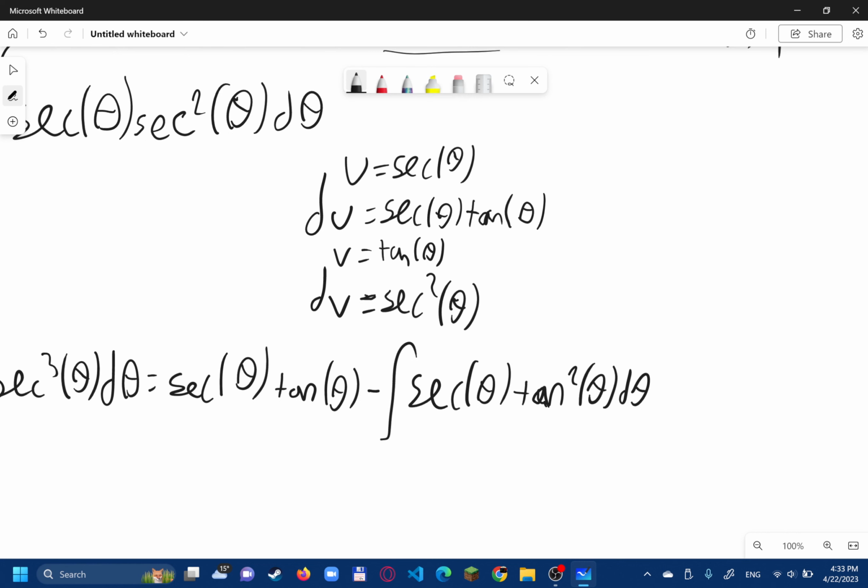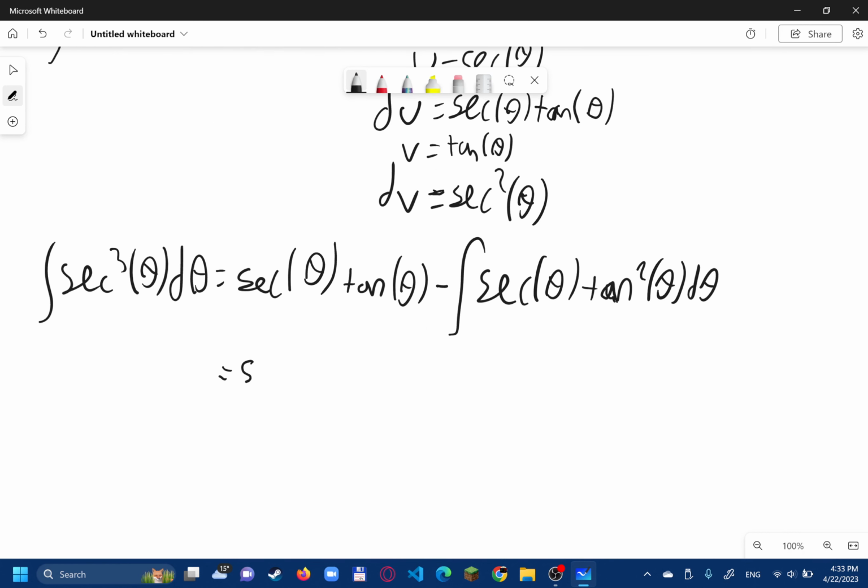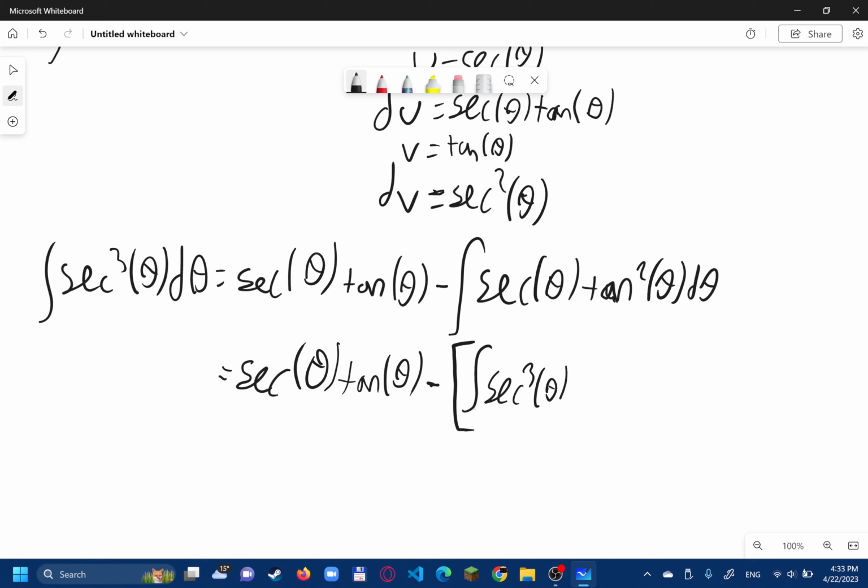So if we replace the tangent squared over here with that identity, we end up with the negative integral of secant cubed theta minus the integral of secant theta d theta, like this.